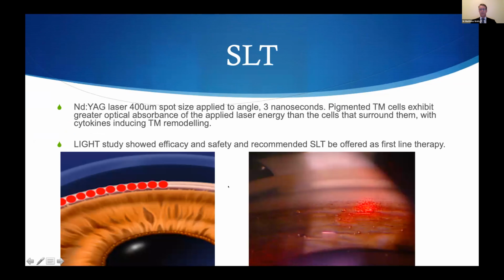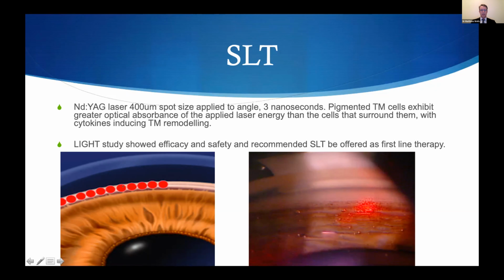So one technology that is becoming more and more frequently used is SLT, and that stands for selective laser trabeculoplasty. I explain that to my patient as equivalent to usually about 1 bottle of drops. So it's a very gentle laser, a neodymium YAG laser that is applied to the trabecular meshwork.